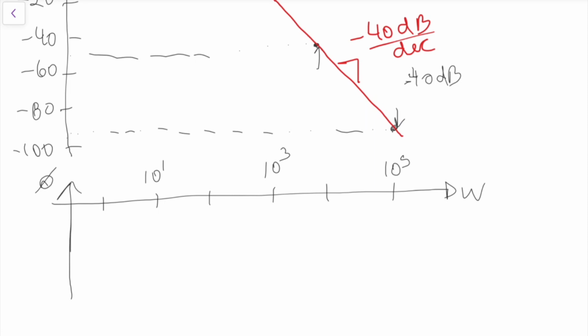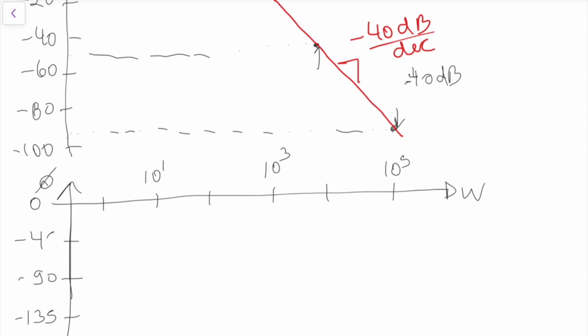So we can draw the phase, and the phase starts at 0 degrees and then goes all the way up to minus 180. Okay, so just draw here 45. So it's 45, here's minus 90, and here it's minus 135.